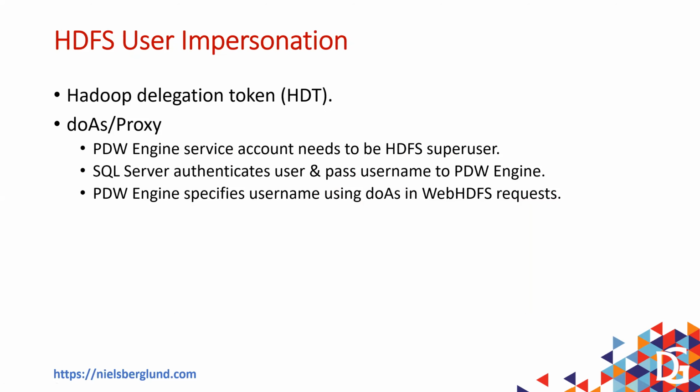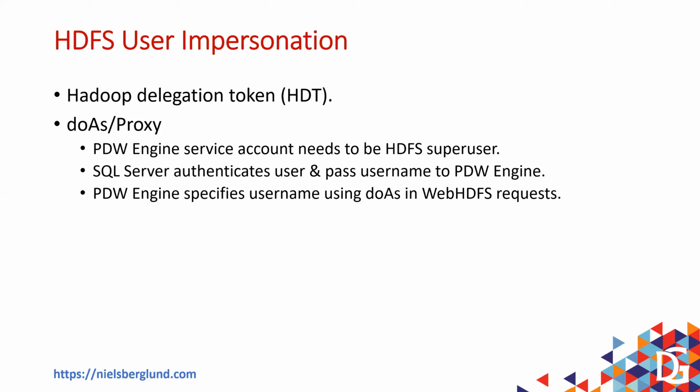When we are now using this ACL, as I mentioned before, we are doing user impersonation, and Hadoop has basically two ways of doing user impersonation. They have the delegation token, HDT, or we have something called DoAs, which essentially acts as a proxy.